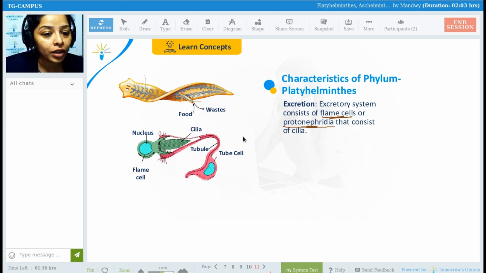Why are the excretory organs in Platyhelminthes called flame cells? Is there a specific reason for that? Why is it called flame cells?